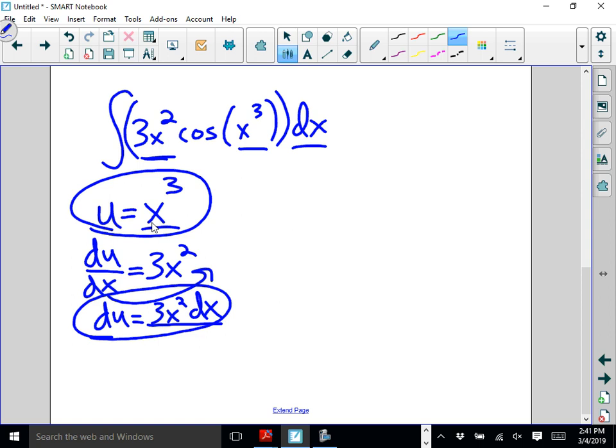But hopefully when we substitute in, we'll take this from a hard integral to an easy integral. 3x squared dx matches what's in my antiderivative. So I'm going to rewrite this integral with my u substitution being made. The first thing I always do is put my du at the back of the integral.